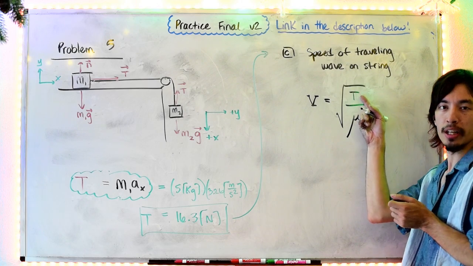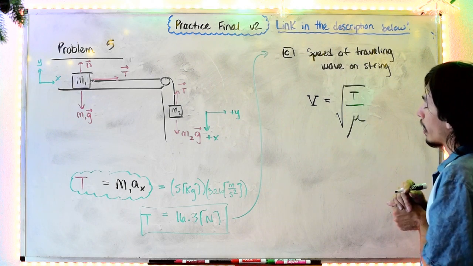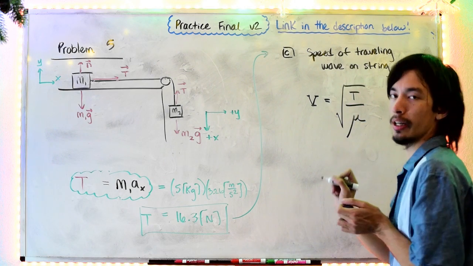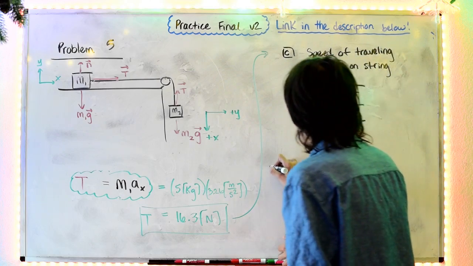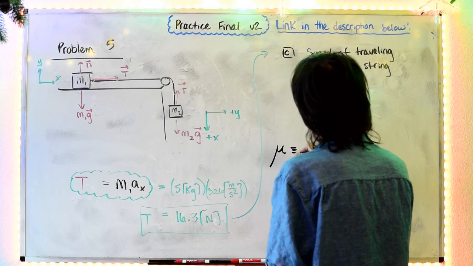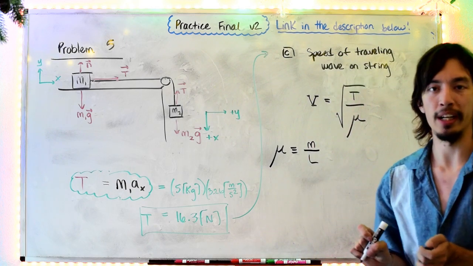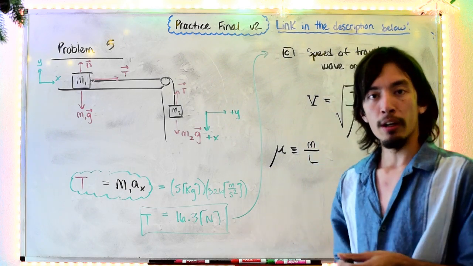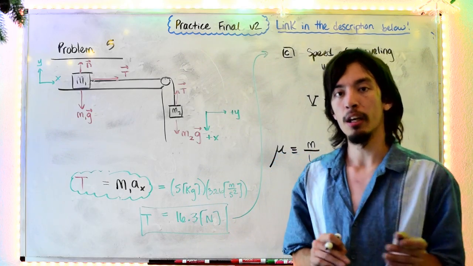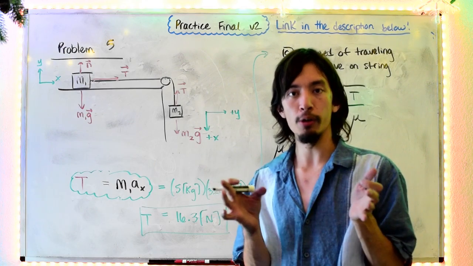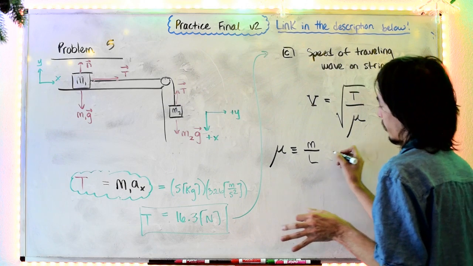T is the tension in that string, or that section of string, and mu is the linear mass density of that string. So mu is defined as the mass per unit length of the string. This is where the original information in the beginning of the problem comes into play, which is how much mass of string you have in that section and how much length you have.